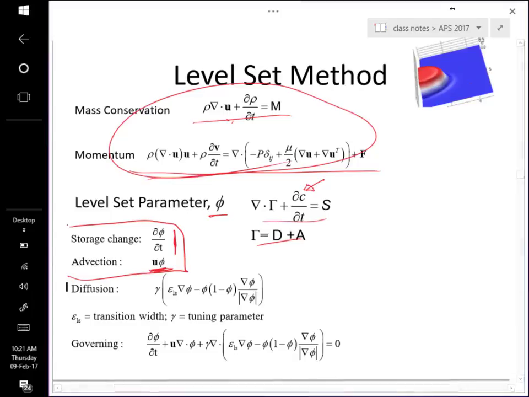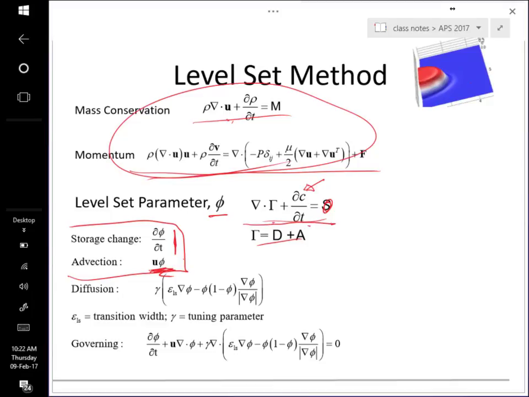The problem with that, though, is if we just have these two terms, and in this case s is 0, just advection and storage change, that ends up being very, very difficult to solve. You get oscillations, it becomes unstable.